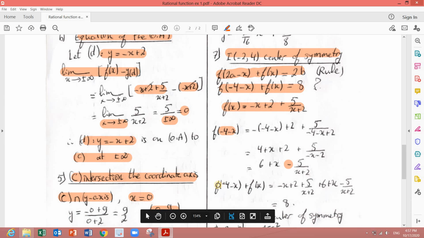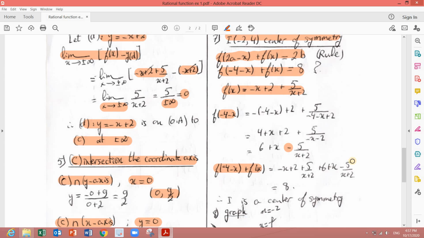Now f of minus 4 minus x plus f of x: f of minus 4 minus x is calculated here, and this is f of x. This is f of minus 4 minus x, which is 6 plus x minus 5 over x plus 2.